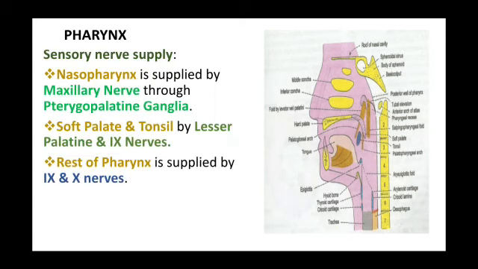Coming to the sensory nerve supply, the nasopharynx is supplied by the branches of maxillary nerve through the pterygopalatine ganglion, while the soft palate and tonsil by the lesser palatine and glossopharyngeal nerves. The rest of the pharynx is supplied by the glossopharyngeal and the vagus nerve.